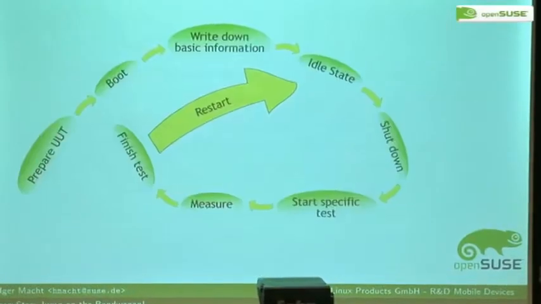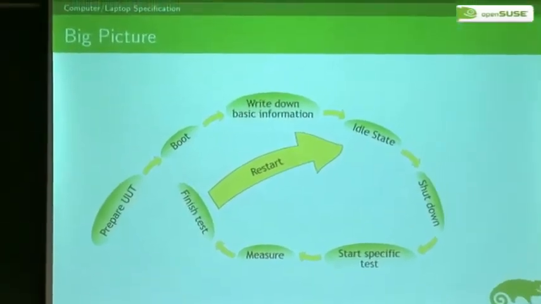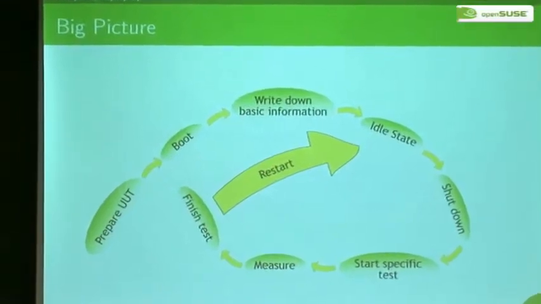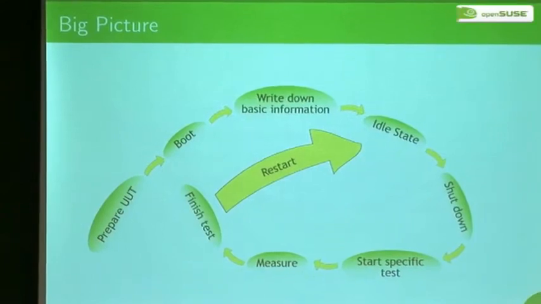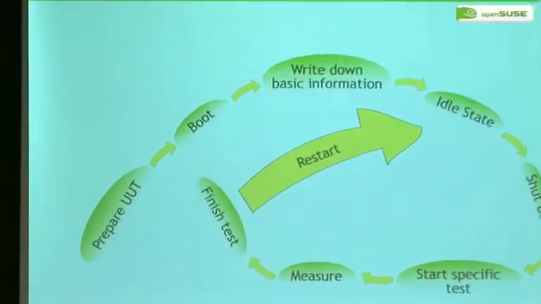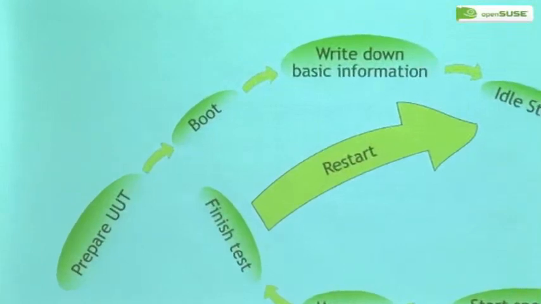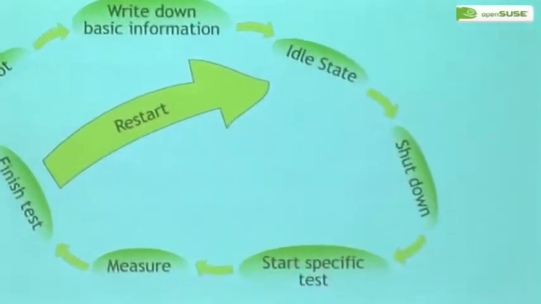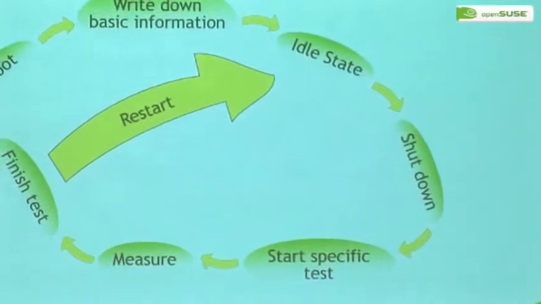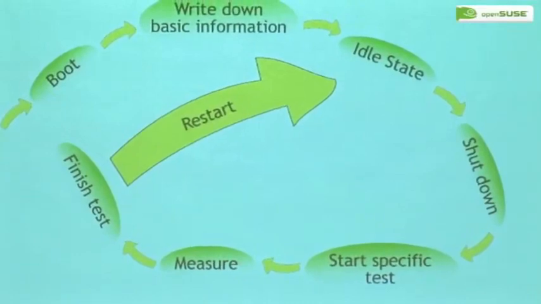So that's just another picture to illustrate the workflow of the test. You first prepare the UUT, the specification refers to the unit under test as UUT all the time. Then you boot, you write down the system information, then you wait until the idle state is reached, you shut the system down, and then you start one specific test, you wait until it's finished, and then you restart all over again from the idle state.